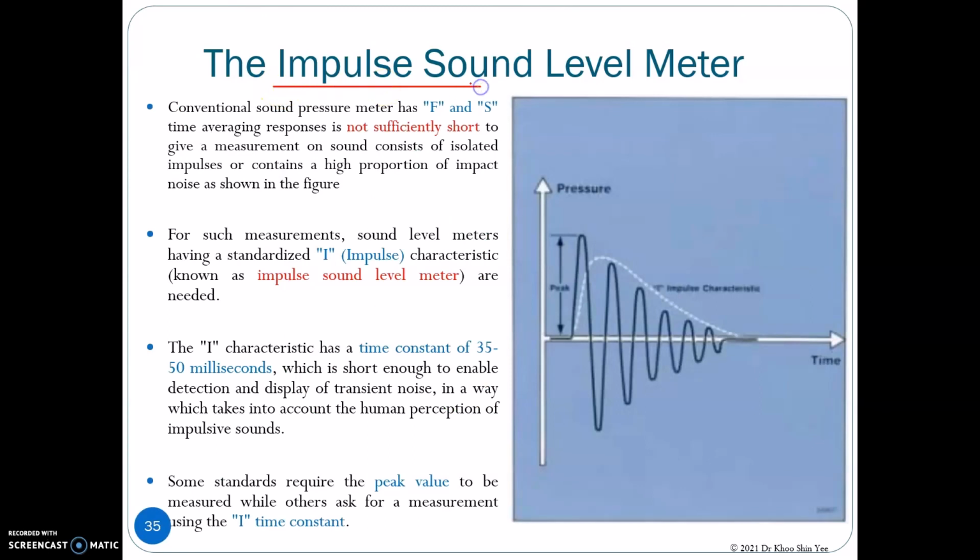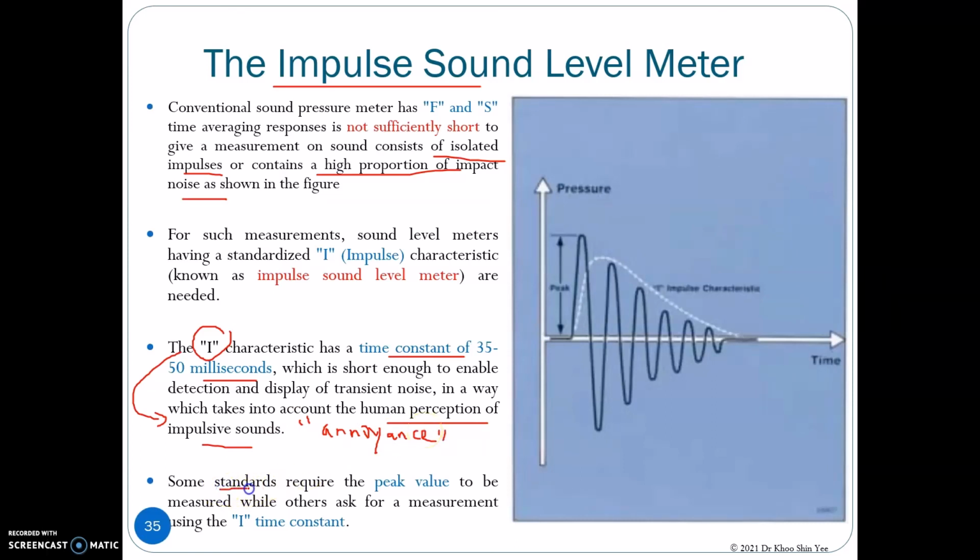So far, we know that the impulse sound level meter consists of the I, or the impulse mode time averaging, which has a time constant around 35 to 50 milliseconds. This mode is useful for the sound emission, which consists of isolated impulses or contains a high portion of impact noise as shown in this figure. I mode takes the human perception of impulsive sounds in terms of annoyance into consideration.